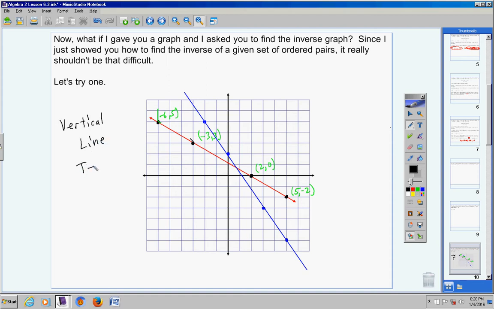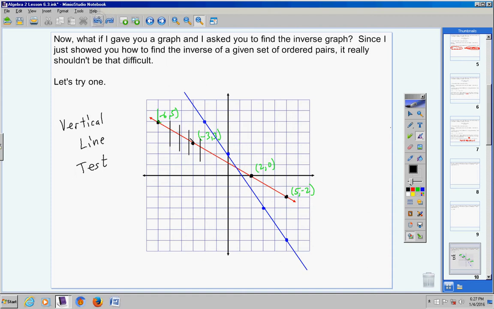And if I asked you, hey students, does this red graph represent a function? You look, is there anywhere that you can draw a vertical line in which the vertical line crosses the red graph in more than one place? And the answer is no. Now some of those lines aren't vertical, but you understand.